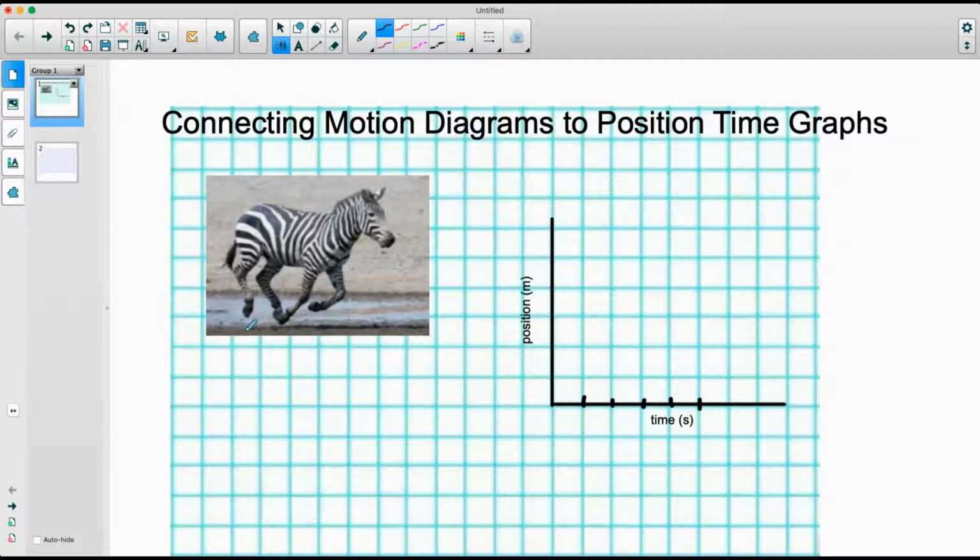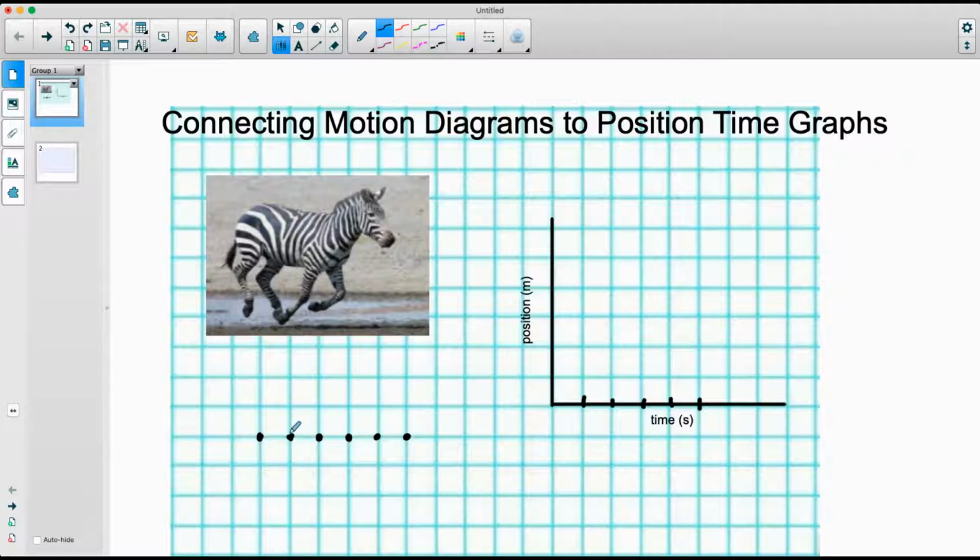So a zebra runs pretty fast. They actually run about 40 miles per hour. So in my example, I'm just going to make a quick motion diagram for the zebra. All right, so here's the zebra at time 1, 2, 3, 4, 5, 6. Let's just do like that.